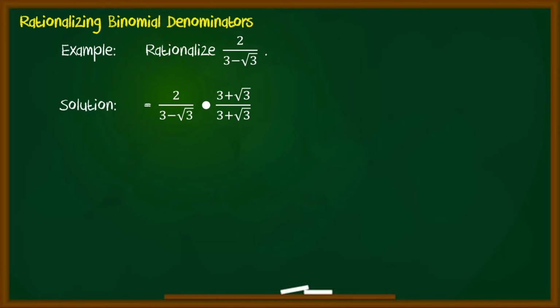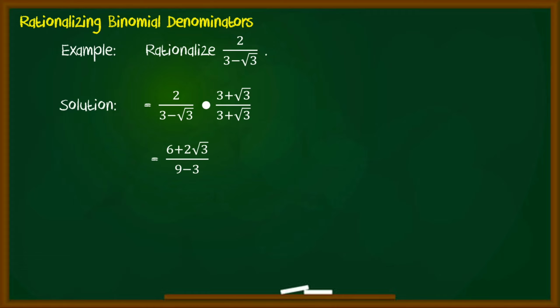So for our solution, we will rationalize it by multiplying both the numerator and denominator by the conjugate of the denominator 3 minus square root of 3. The conjugate of 3 minus square root of 3 is 3 plus square root of 3.